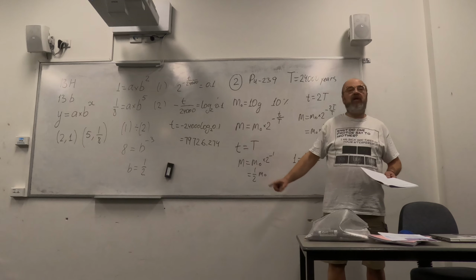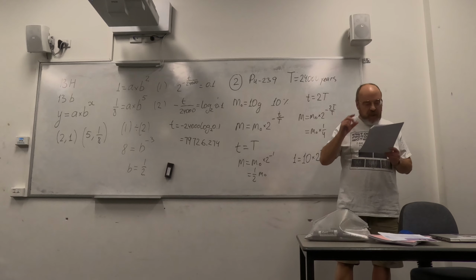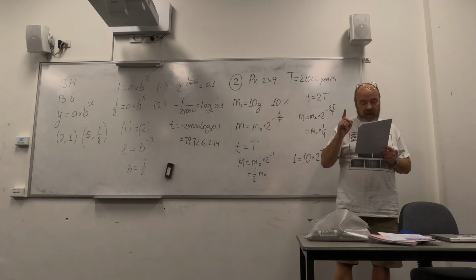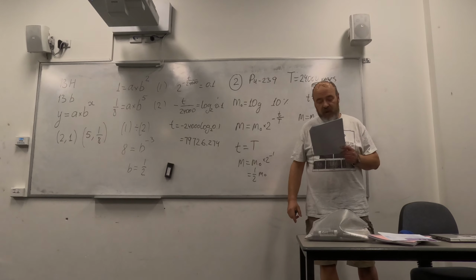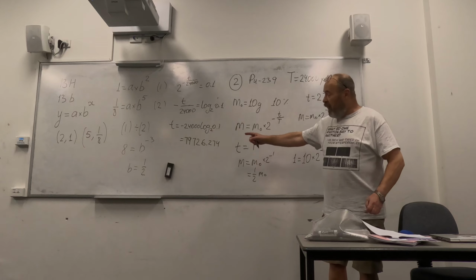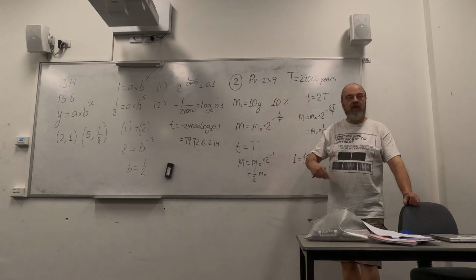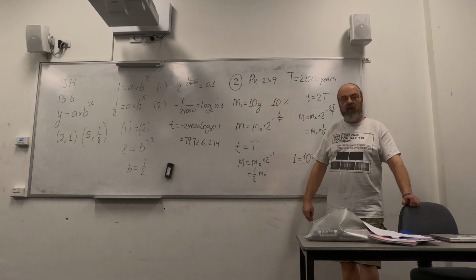That's not the final answer. The question asks how long will it take until only 10% of the original sample remains, and to give your answer in years, to the nearest year. So what should our answer be?